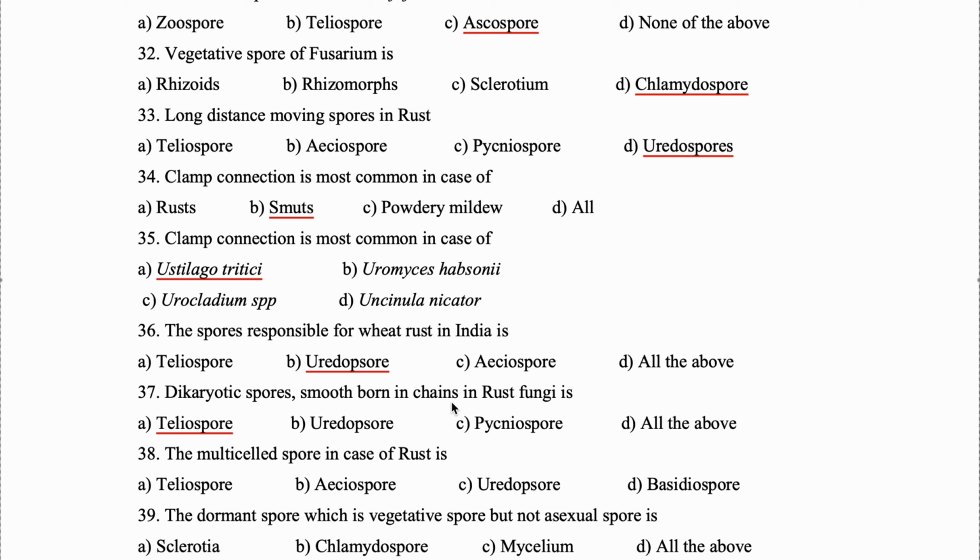The second is the formation of chain, because teleospore is bicelled, so they are connected together and it looks like a chain. That's why. While Urediospore and pycniospore are single celled. Okay. Question 38. The multi-celled spore in case of rust, again it will be teleospore.